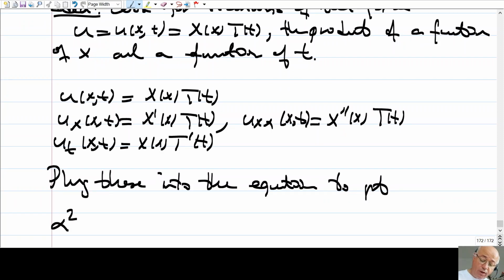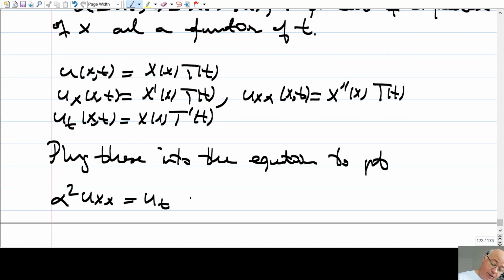So our equation was alpha squared u_xx equals u_t. So this gives us alpha squared u_xx. u_xx is just the second derivative of X times T, and that's equal to u sub t. u sub t is just X times T prime.